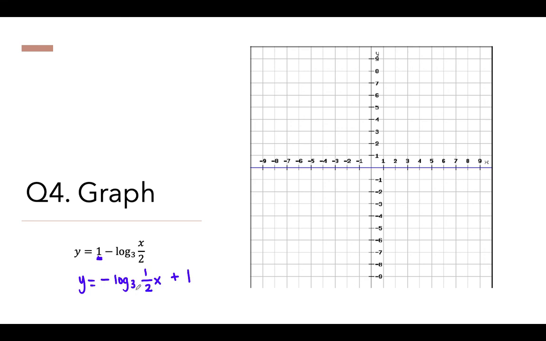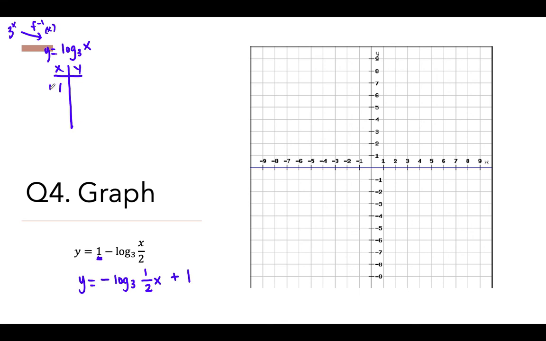Now, we can see that the parent function has the base of 3. So let's write down log 3 x, because this is coming from the inverse of 3 to the x. So it has to be multiples of 3.